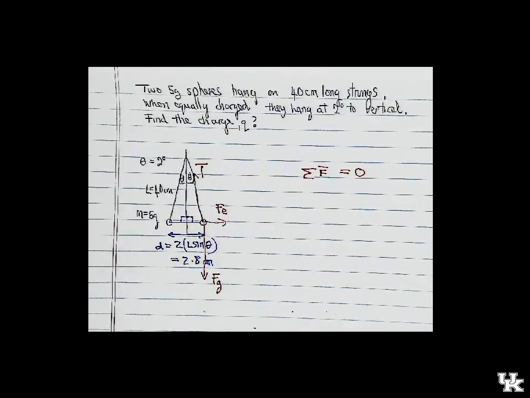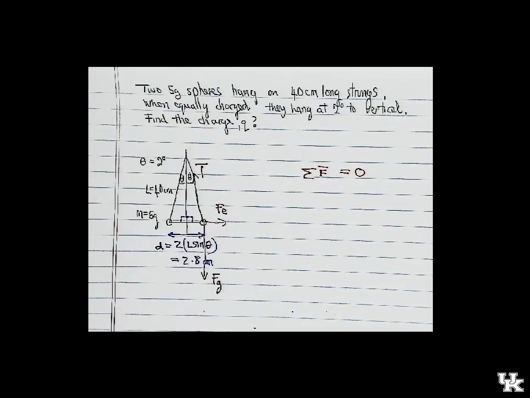I don't know whether that handwriting is readable, but that's me writing out that the sum, sigma, of the forces acting on the right-hand ball adds up to 0. That's a key concept. There are thousands of equilibrium problems in textbooks, and this one is the core of all of them. So this is very general.